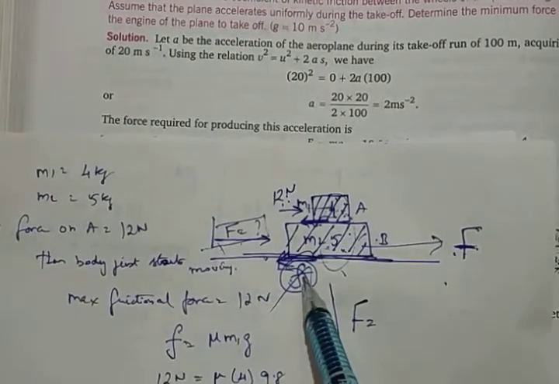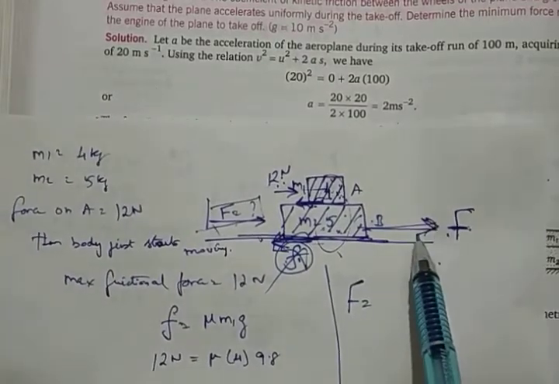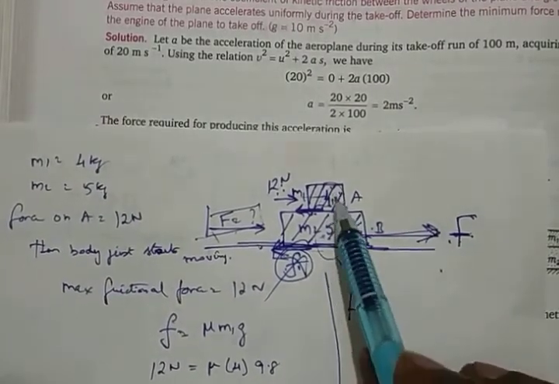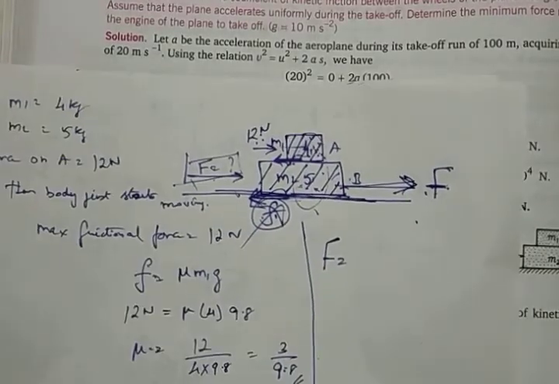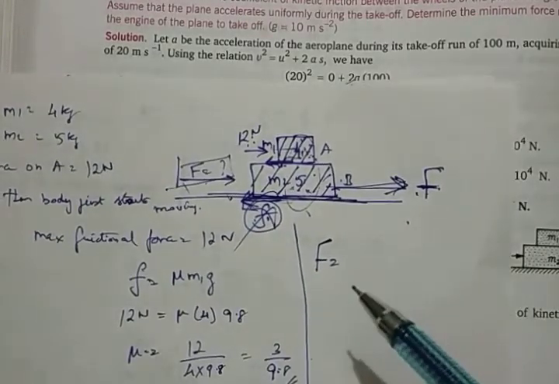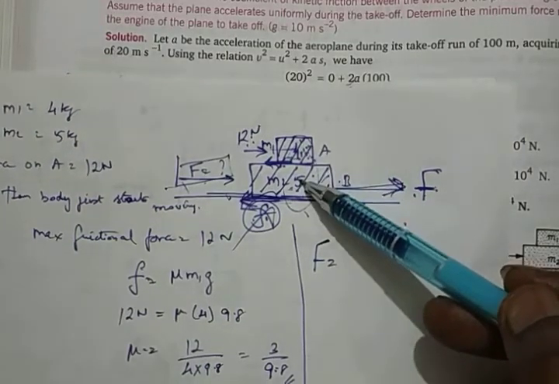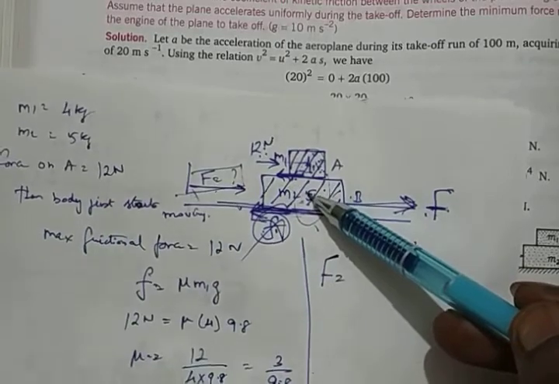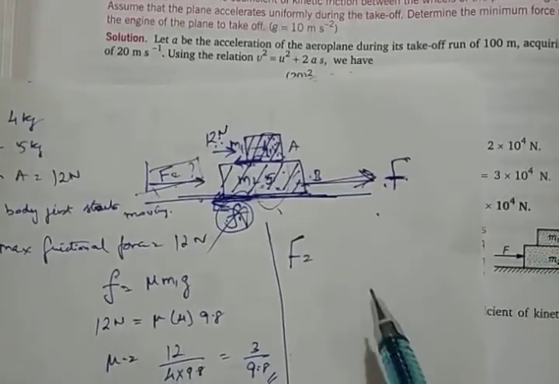When there is no friction, you are free to find out how much force should be applied so that A and B will be together. Now we need to make a final conclusion on how much force will be there and how much frictional force it will give on this one. We need to calculate that, and that will be the value.